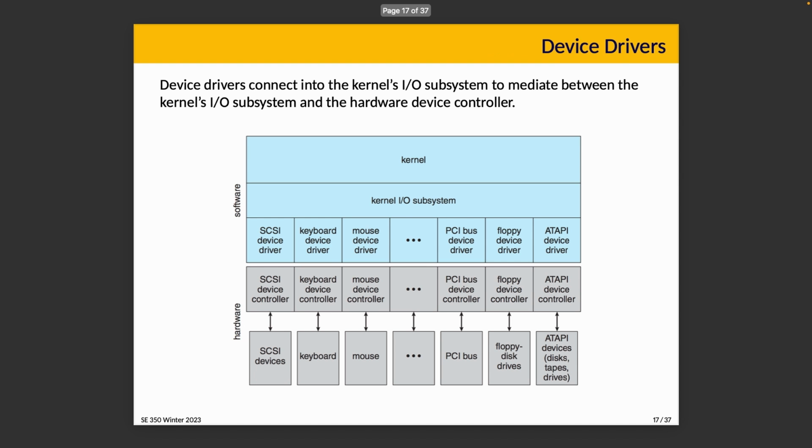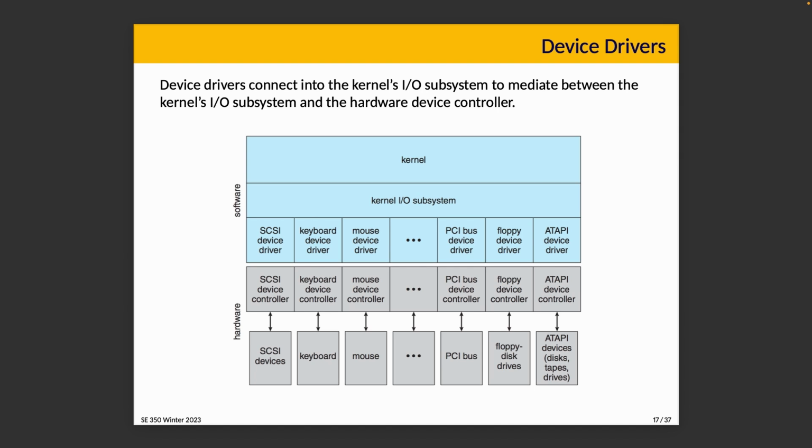but what are we to do about it? So, with this little digression aside, device drivers, when they exist, connect into the kernel I/O subsystem to mediate between the kernel's I/O subsystem and the hardware device controller itself. And so what we see in software here is shown in blue in the large rectangle above, and then there is the hardware here shown in gray.